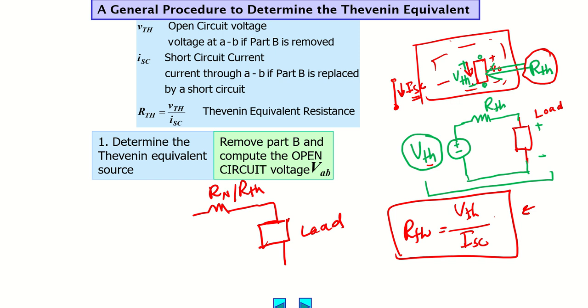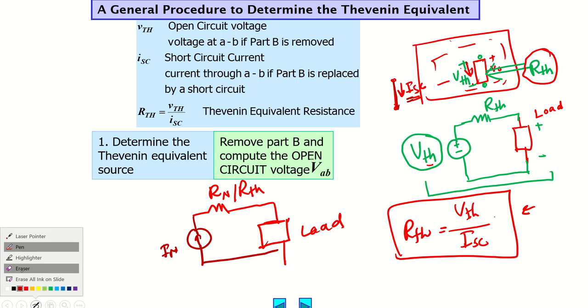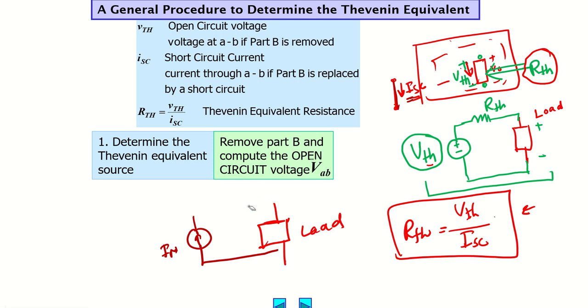In the Norton case, we short the load and calculate the short circuit current, which is called the Norton current. Then this Thevenin or Norton resistance comes in parallel with that current source. So this is a Norton equivalent circuit. Again, we get a simple circuit.